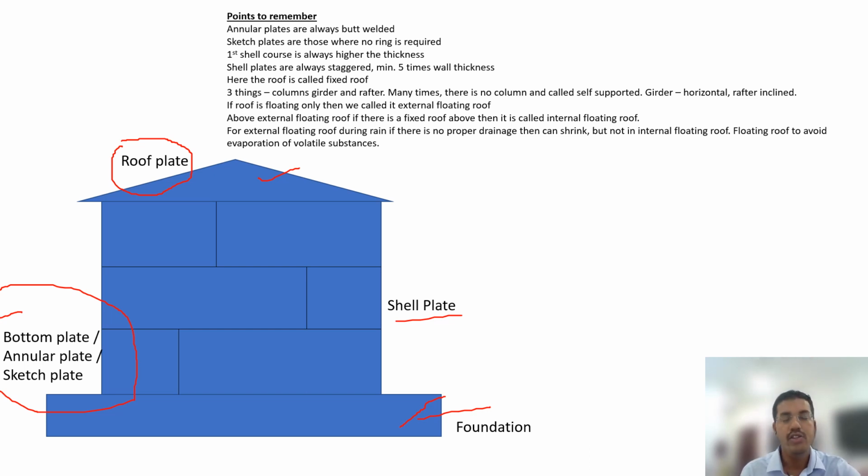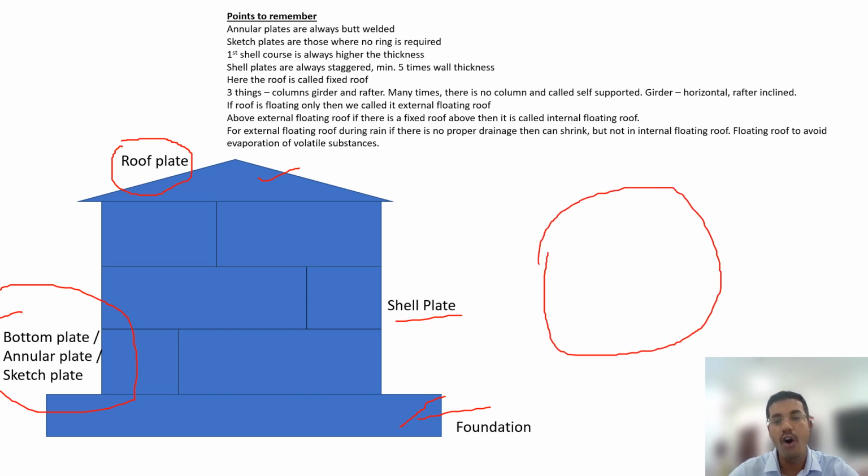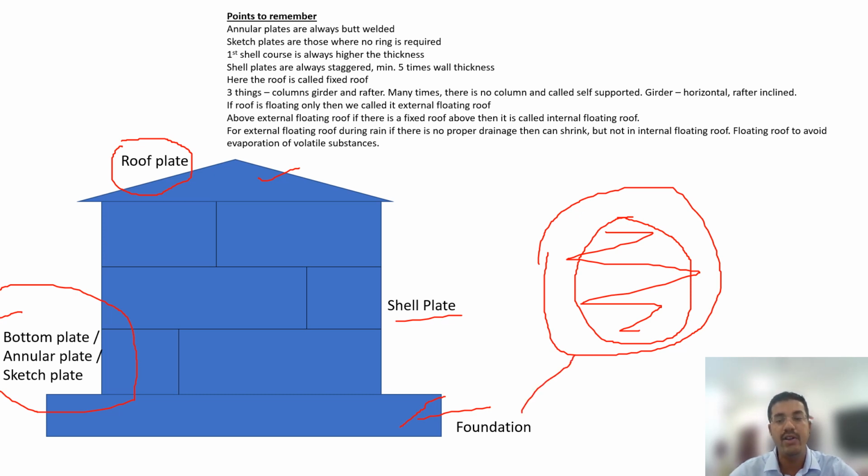Based on that, the designer will decide what type of foundation it will be. Whether it is a full concrete foundation, or a ring of concrete with washed soil or washed sand inside, or an asphalt or soil type. The designer will decide.